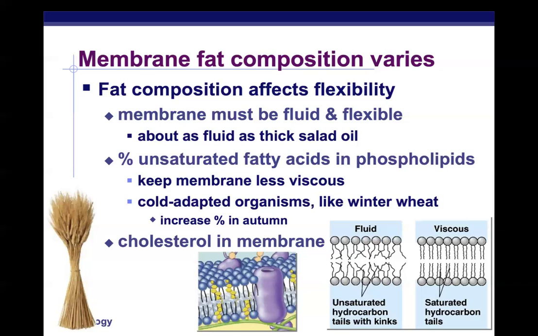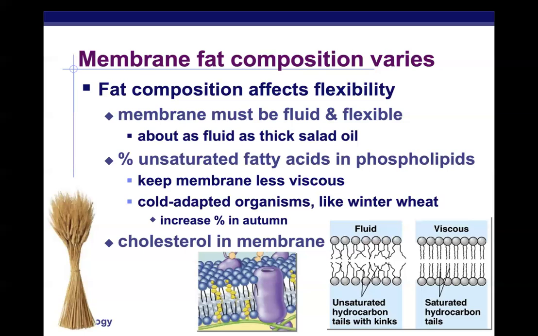You will find this is especially the case in cold adapted organisms like winter wheat or Arctic salmon. In some organisms, like winter wheat specifically, the composition of their cell's plasma membrane will change towards autumn.